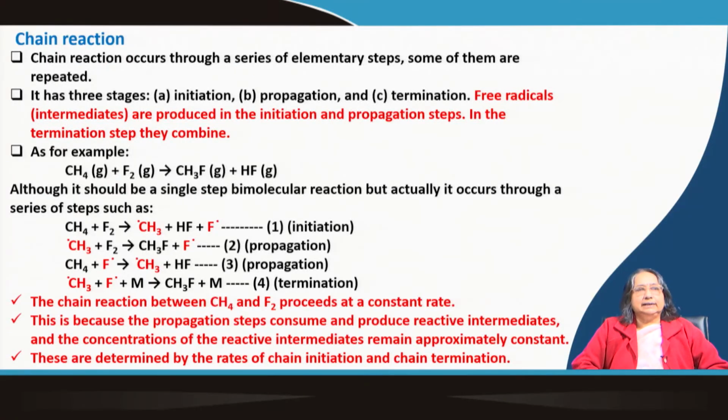Now, chain reaction. In many environmental segments we see that chain reaction is going on. So, what is a chain reaction? The speciality of a chain reaction is that it occurs through various steps. First step is initiation, then propagation and then termination.